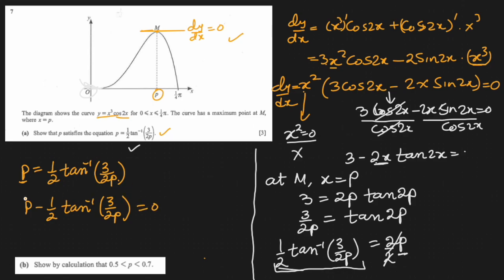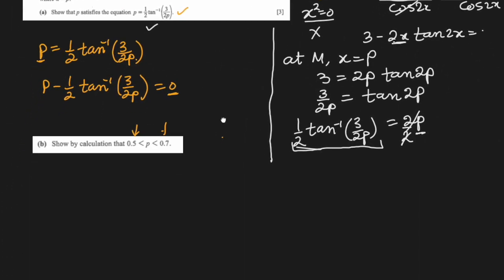That means the solution of this particular equation is left side equal to 0, right? So if I have to prove that that value lies between 0.5 and 0.7, I will substitute these two values in this equation and they should come around 0. Okay, so let me substitute them one by one.